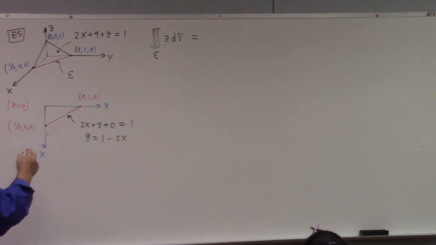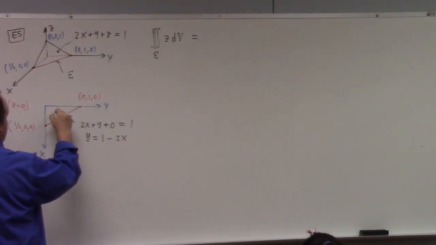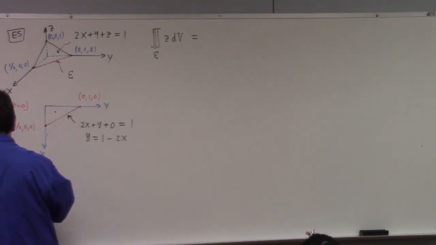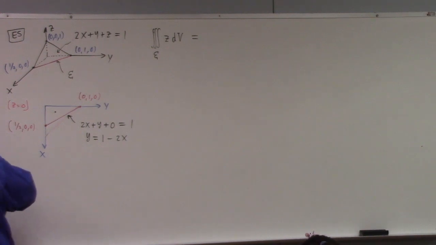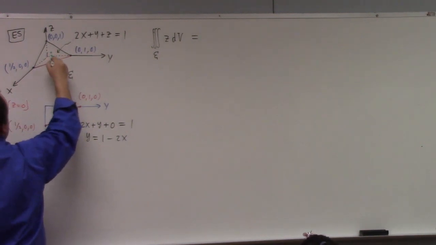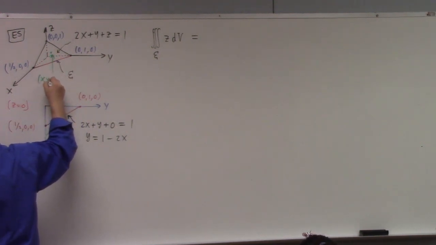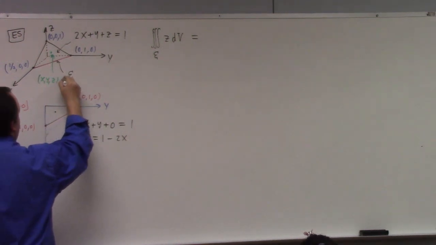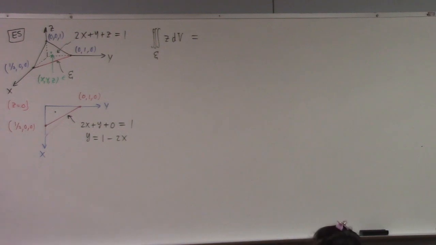So check it out. If I pick a particular point in here, and here I'm just looking at the shadow of the point, I really want to pick a point in 3 dimensions, in the interior, like a point x, y, z, an arbitrary element of E. I need to give you inequalities which describe that point carefully.